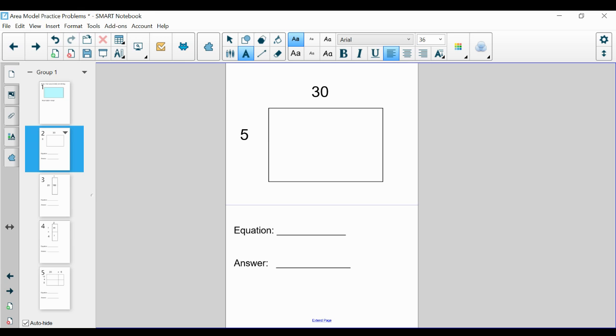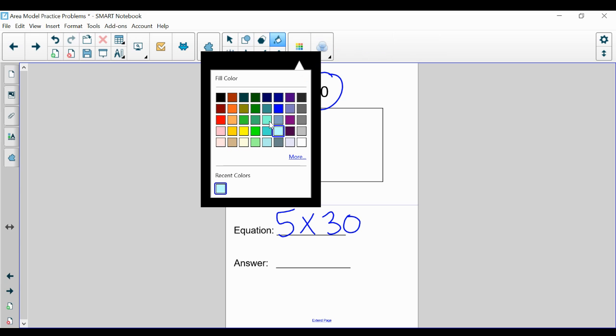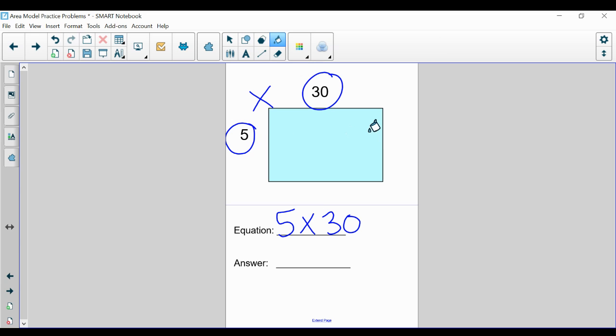Okay, so the first thing to talk about here is what equation is this? What multiplication equation is this? This is basically the same thing as saying 5 times 30. Okay, that's our equation here. Because if we wanted to find the area, the space inside this shape here, we would multiply our length by our width.